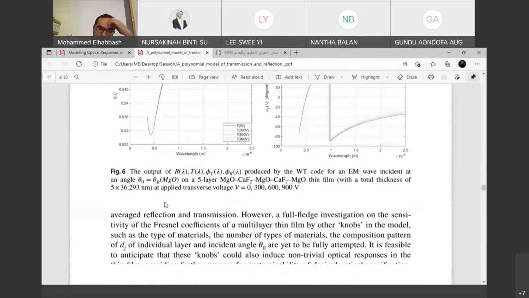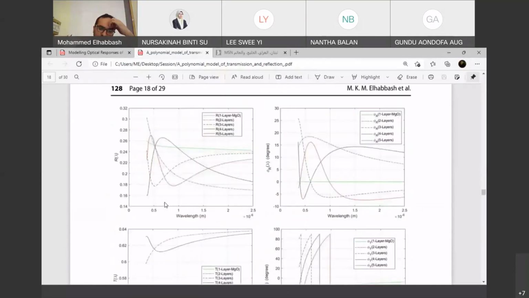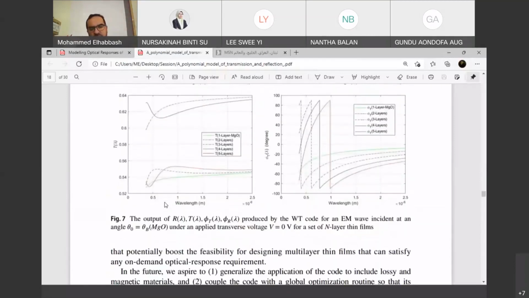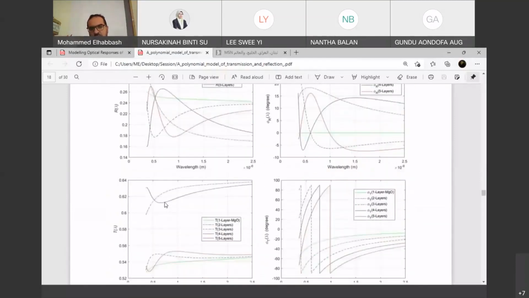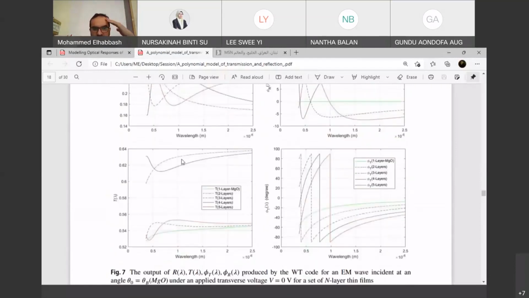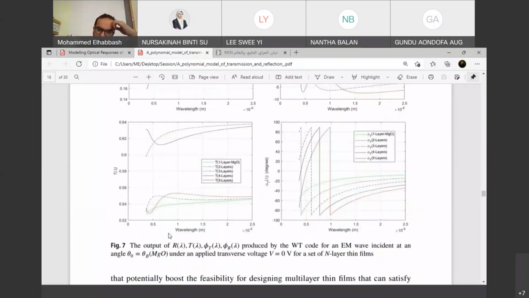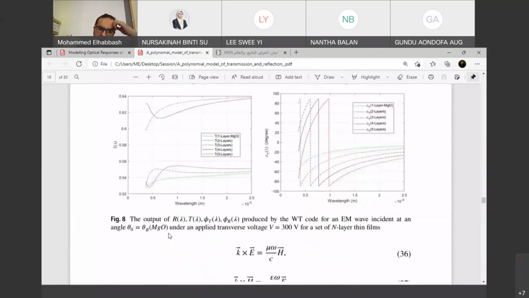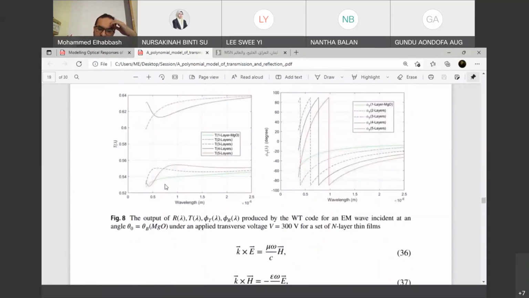This is general if we apply zero voltage for every number of layers: these are for the even number of layers, and this is for the odd number of layers. You can say that this is one pattern and this is another pattern. When we apply voltage, we can also find a difference, an enhancement or a reduction.